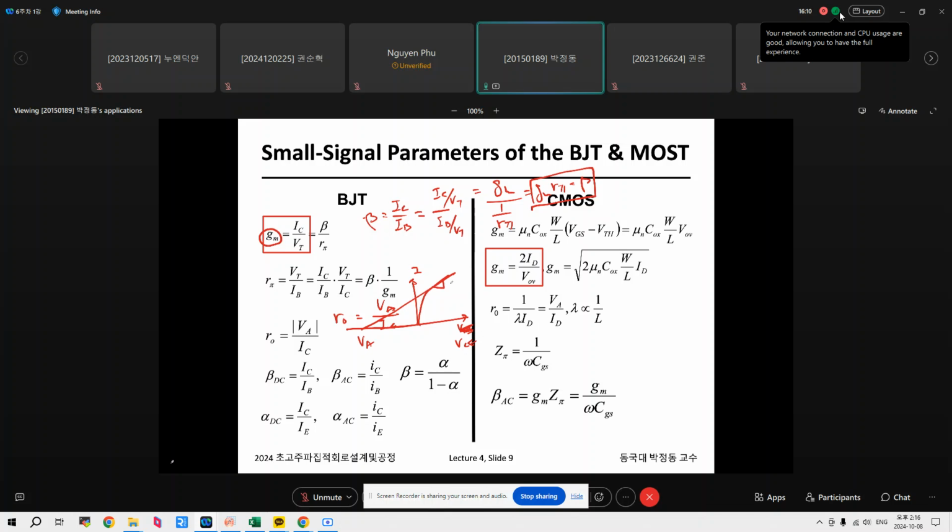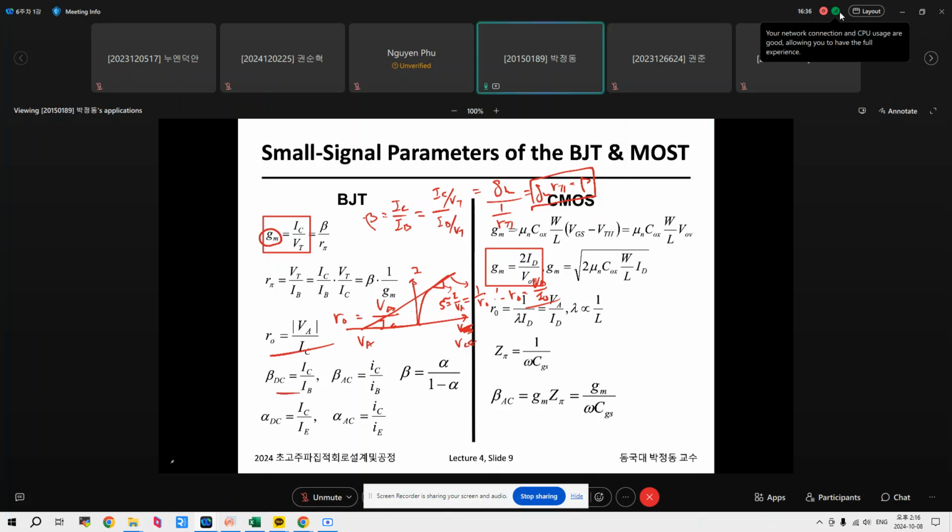This slope S is approximately I divided by VA. The slope is 1 over RO. Therefore, RO is VA divided by IC. That's why you get this. Those are just the definitions.